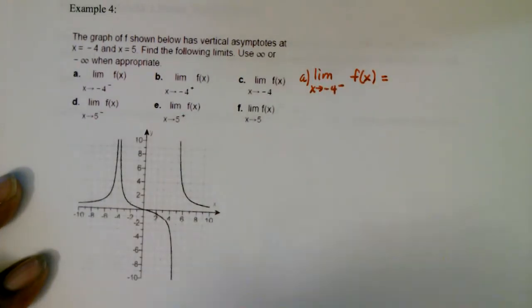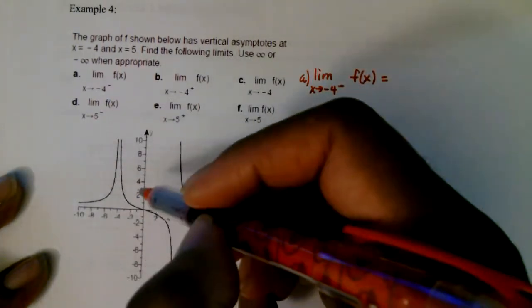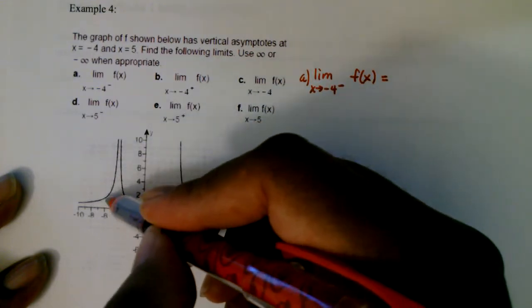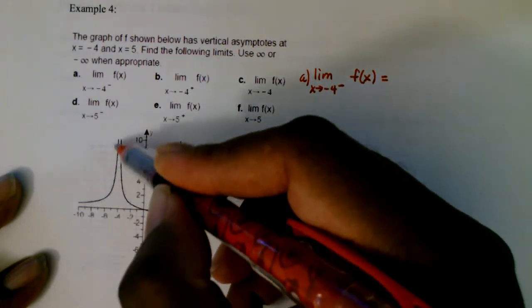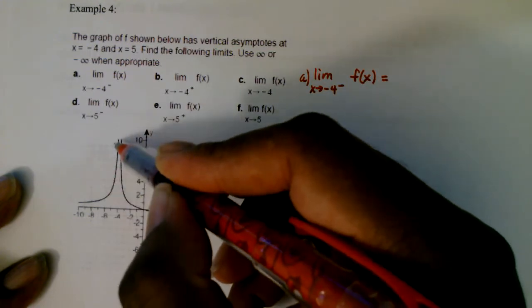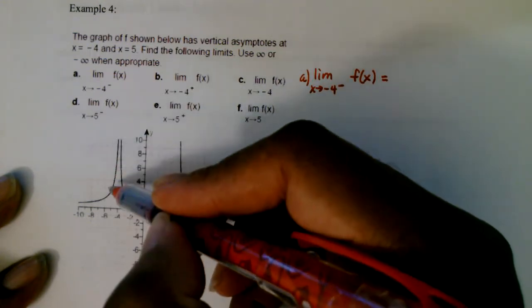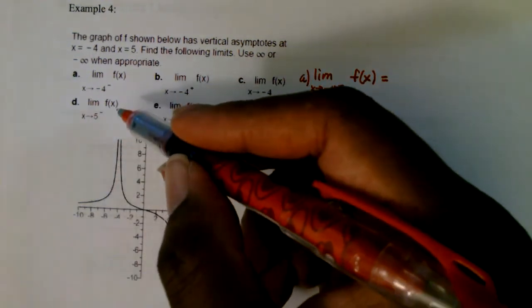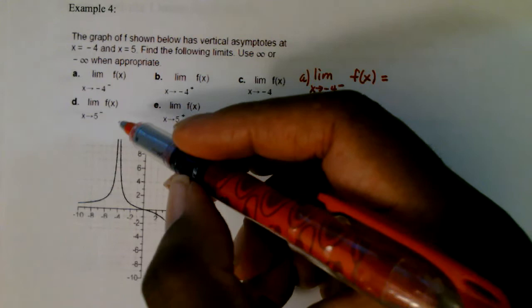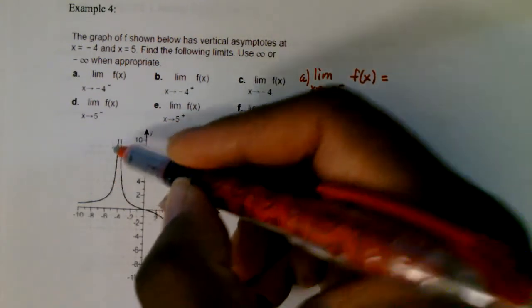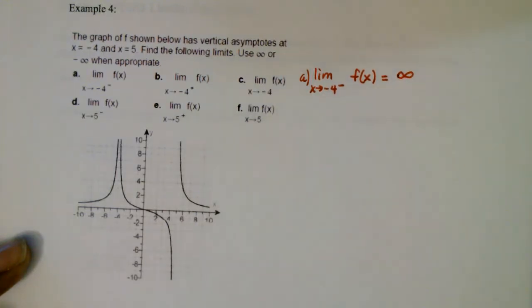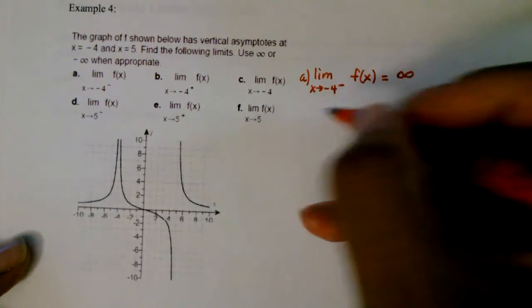And in this case here, here's -4 right here. To the left of -4, this is going upward, getting closer and closer to that vertical asymptote. So it's going upward to infinity. So the limit as x approaches -4 from the left of f of x is infinity.